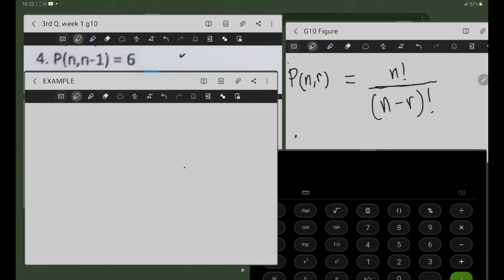Okay, ngayon number 4 tayo. Bigyan natin ng example ito. Okay, so ito yung example natin. Yung n natin dito is unknown, equals question mark. Yung r natin, ito yung gamitin natin: r is equal to n minus 1.